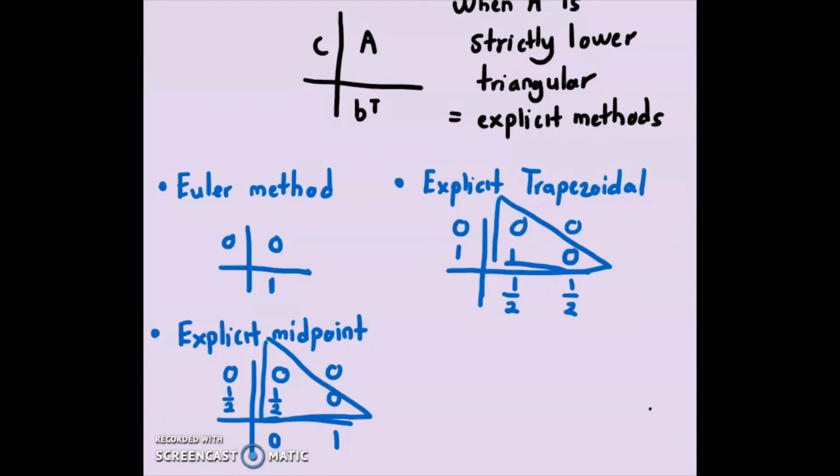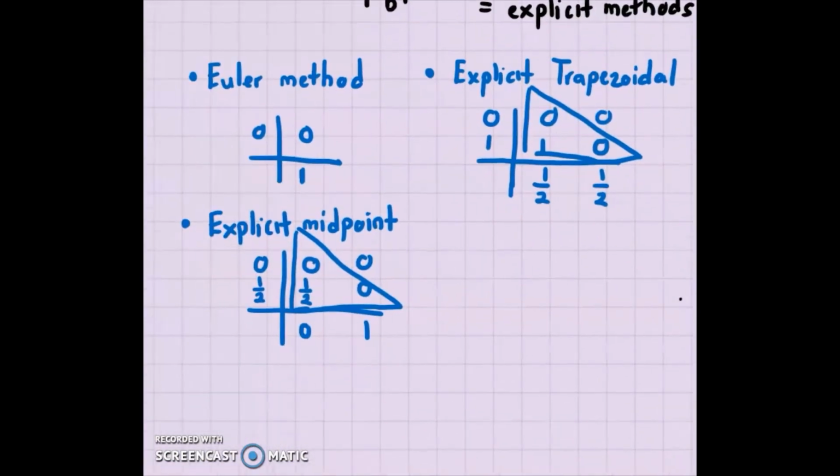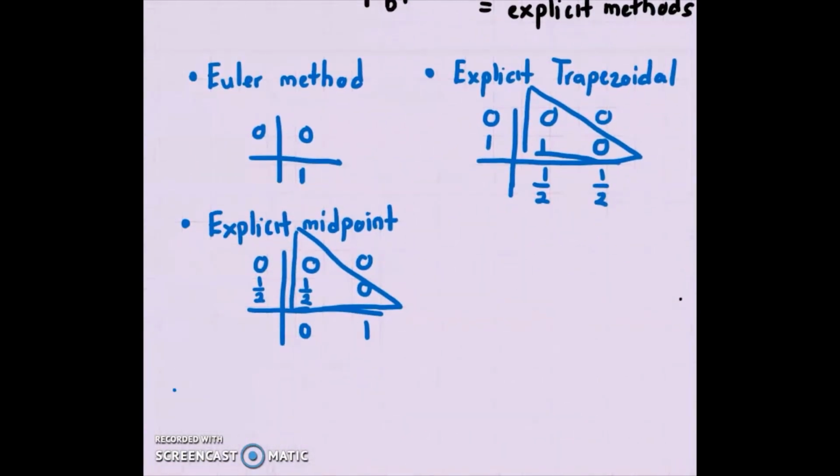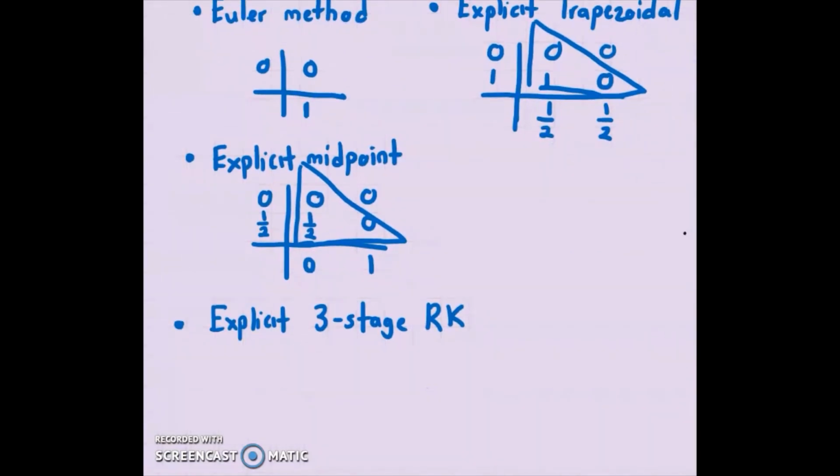Now we have to look at the 3-stage explicit RK method, or the Heun method. So given as 0, 0, normally you don't write all the zeros, but you can.